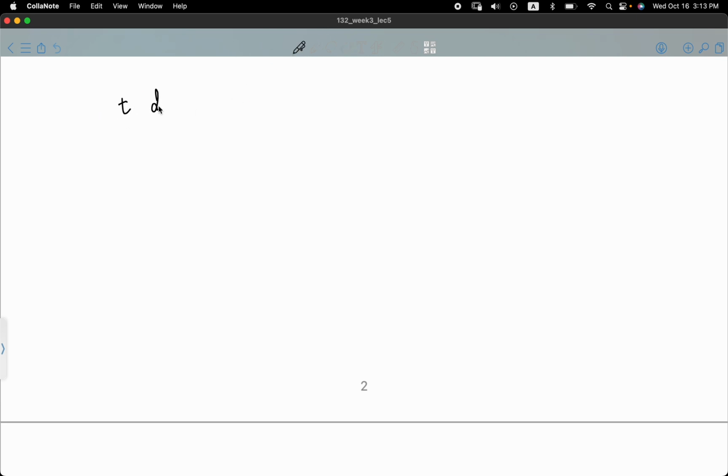Okay, so the t distribution can also be constructed from the information that we know from before. So I'm going to write it in the following way. Let me first define z as a standard normal. And then let's define v following a chi-square, degree of freedom k.